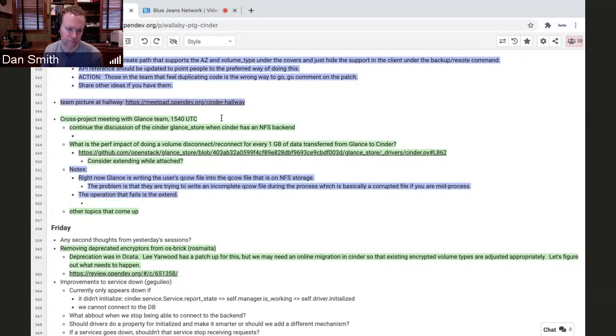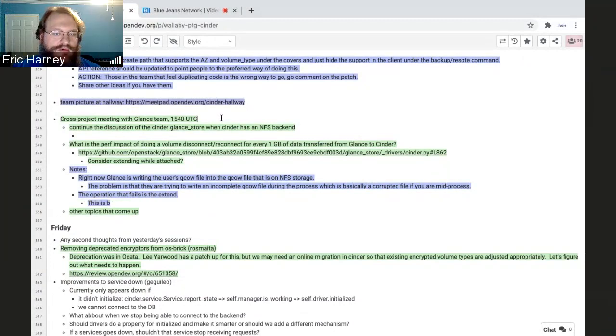Okay, so when I looked into the customer case that started some of that current issue with Rajat, I thought it was a slightly different reason that it was failing. So I didn't know about the trying to handle a partially written QCOW2 file.